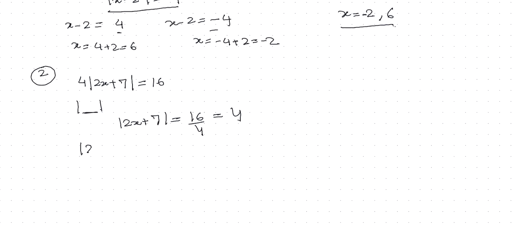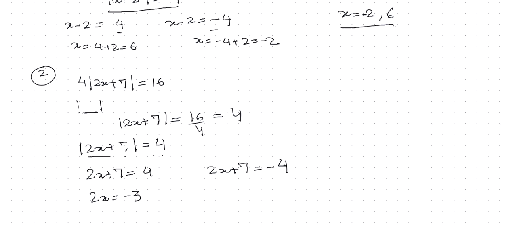So 2x plus 7 is equal to 4, and 2x plus 7 is negative 4. If we solve this, this will give us 2x equals 4 minus 7, which is minus 3, and x will be negative 3 by 2.